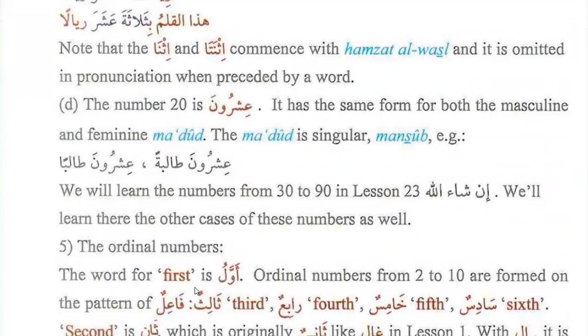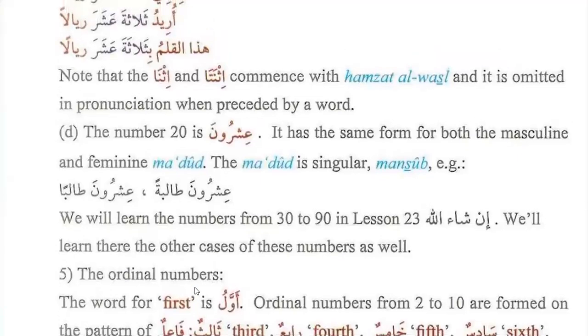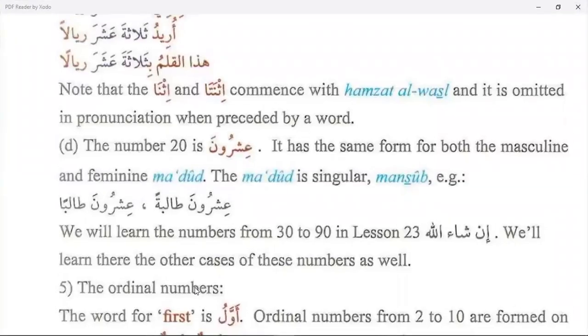Example: ishruna talibatan, ishruna taliban. We will learn the numbers from 30 to 90 in lesson 23, inshallah. We will learn there the other cases of these numbers as well.